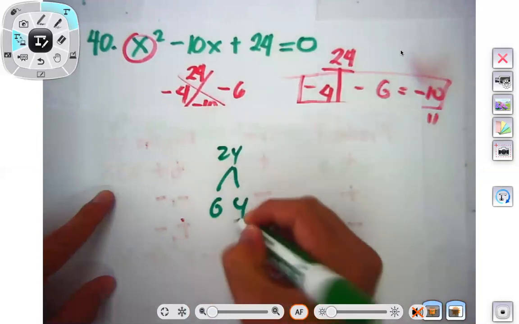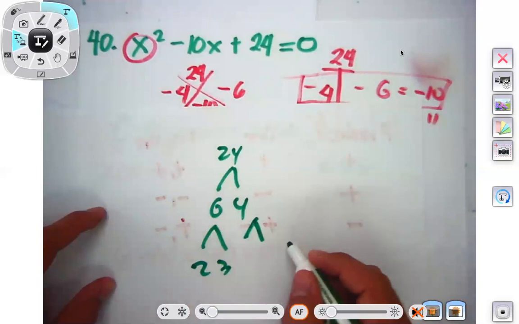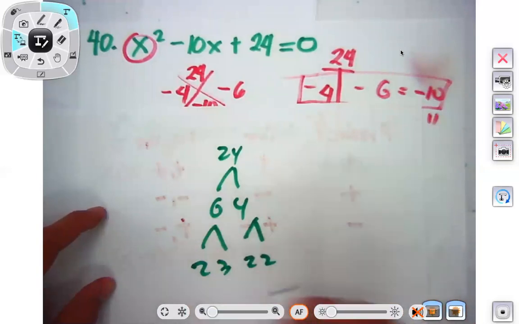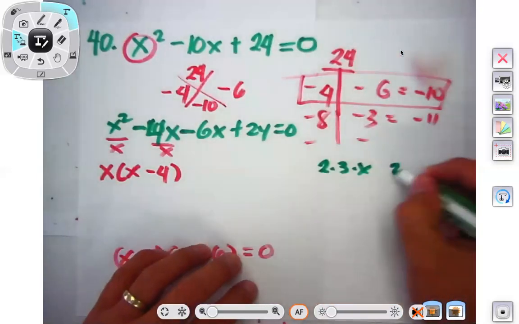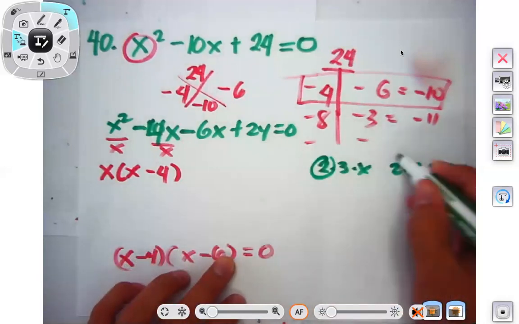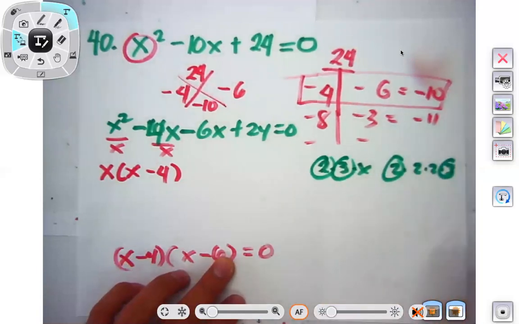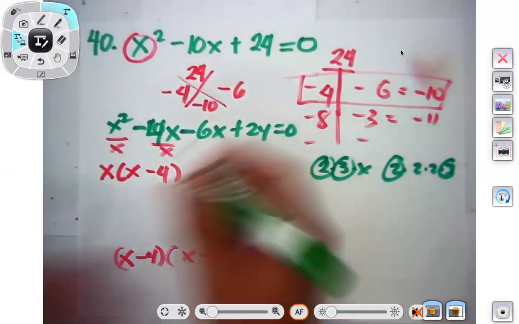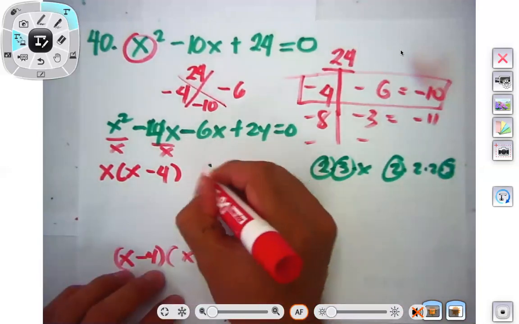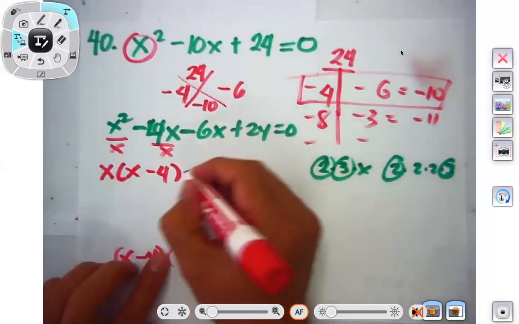We can have 6, 4. 6 is 2, 3. 4 is 2, 2. So 2, 2, 2, 3. What's common? 2, 3. And what's 2, 3? 2, 3 is 6. Plus or minus? Why minus? We have a negative 6 there. All right, so minus 6.